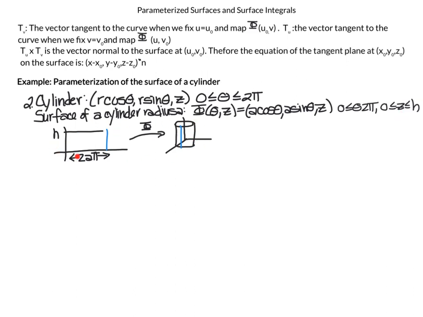We can imagine this as taking a sheet of paper in the plane of height h, and the circumference of the circle is 2 pi times the radius a. So this will give us the circumference, and we just roll it up, and this blue line could be this blue line here on the cylinder.